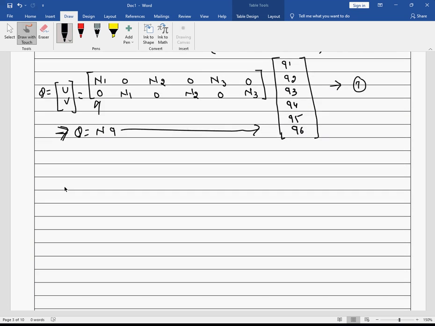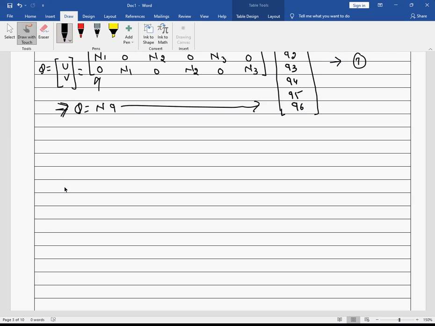Okay. Now since we are using isoparametric formulation, we also need to find out the relationship between shape function and the coordinate system. So we are using isoparametric formulation, therefore I write x equal to n1 x1 plus n2 x2 plus n3 x3. Okay.